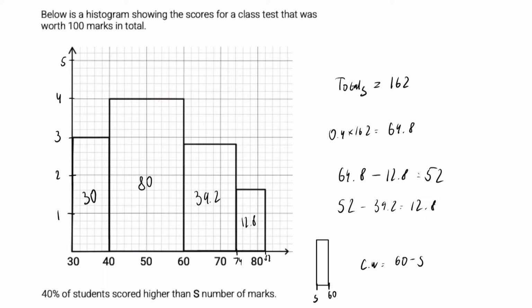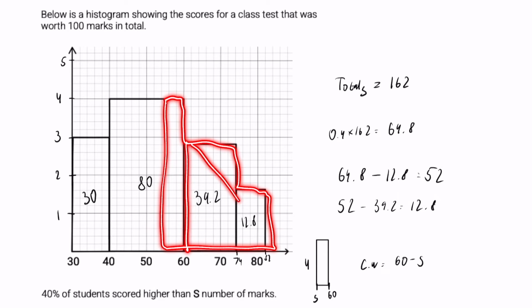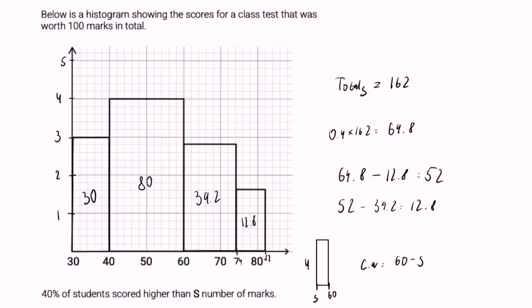So the area of this bar is 12.8, because all we did is 64.8 minus all of these bars, and we were left over with this bar only, which is 12.8 in area.